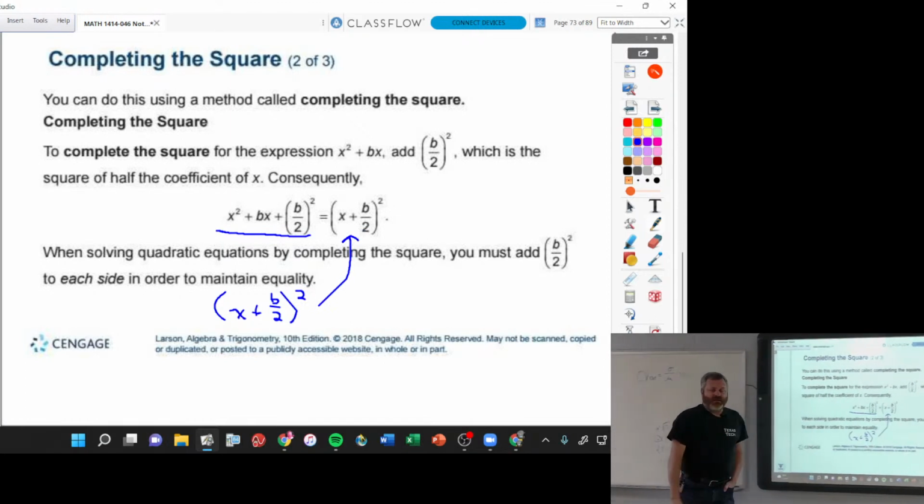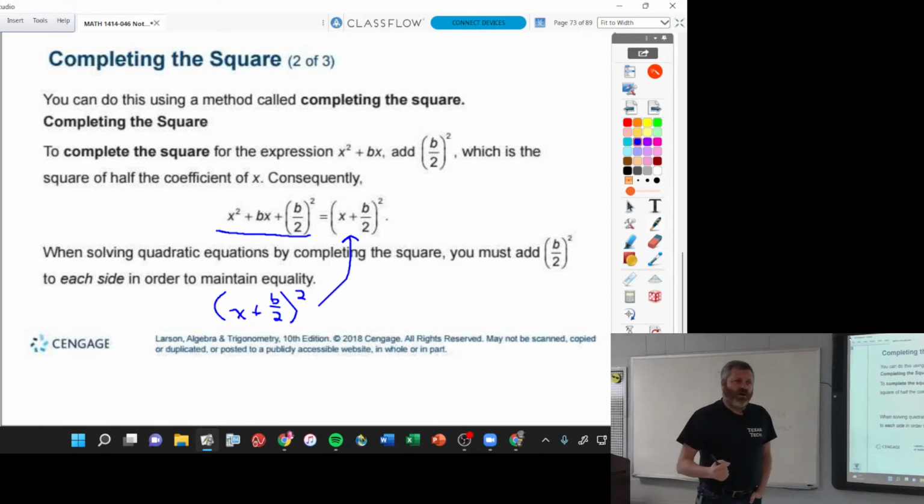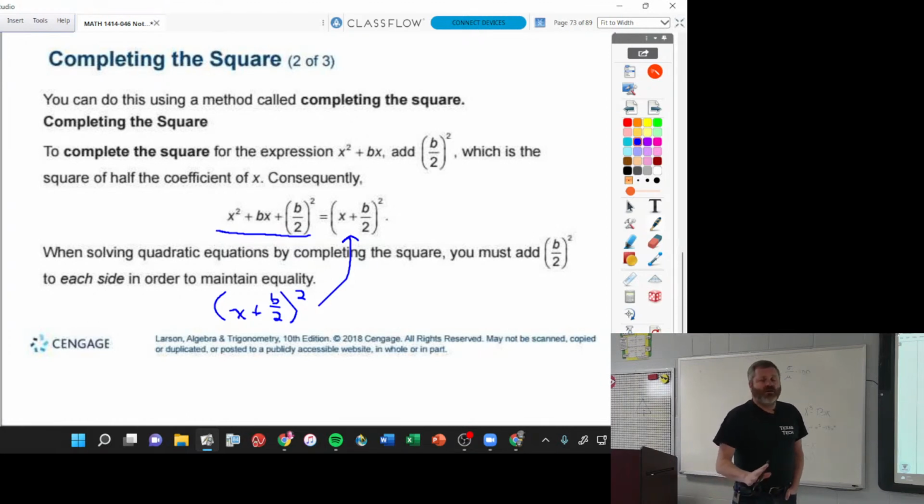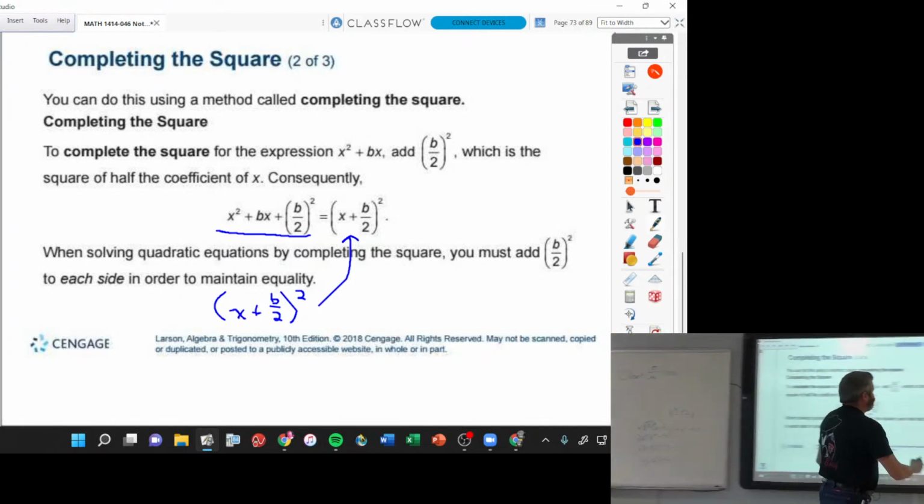Okay? So we are being very specific in taking half of b and squaring that value. By doing that, we're making it a perfect square. It might not be pretty. It might not be integers like we're always happy with. We might have a lot of fractions and stuff, but it's okay. It's going to work.